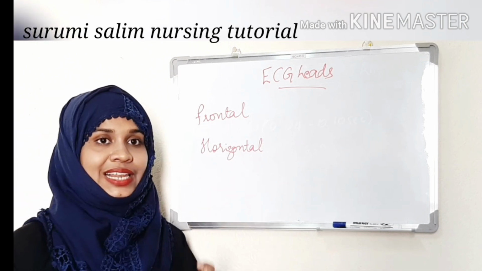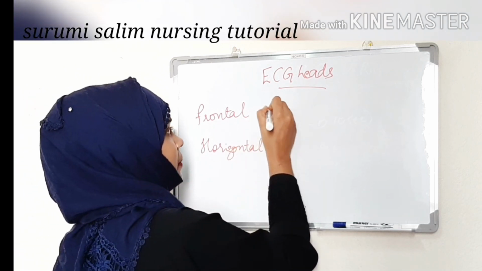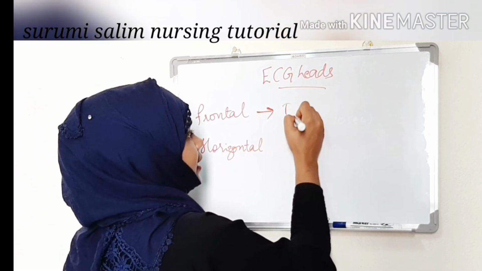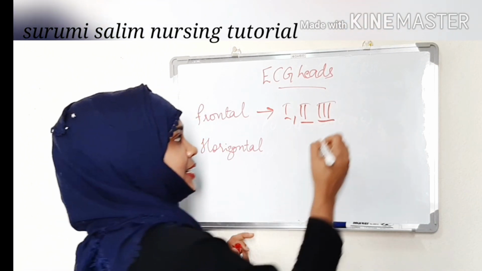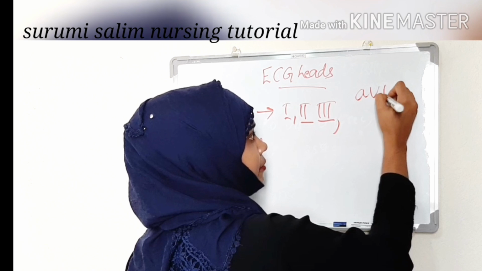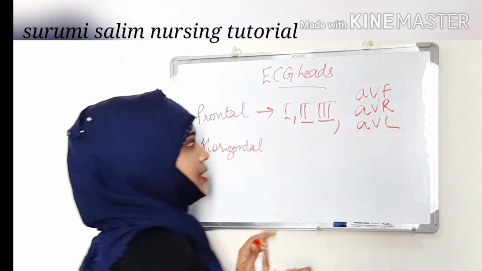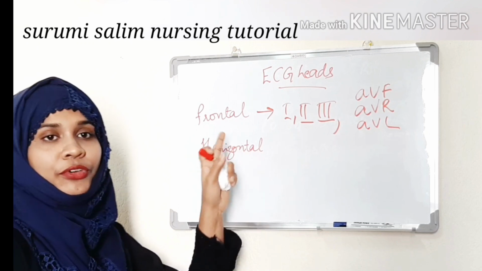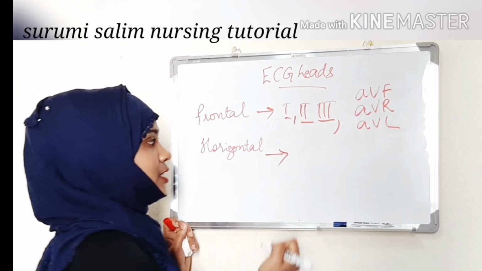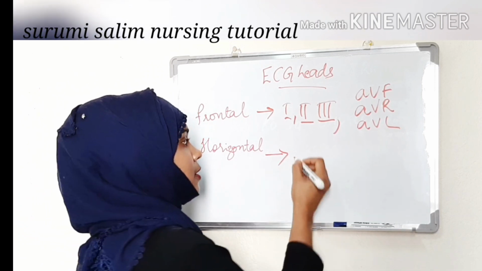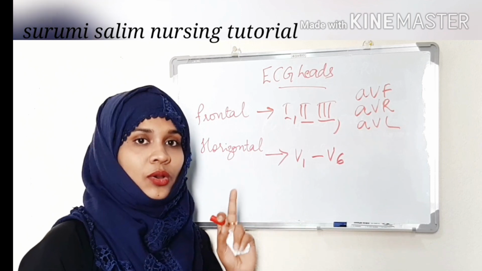So we will see which leads are placed. In the frontal plane, the view is obtained by lead 1, lead 2, lead 3 and the augmented leads, which include AVF, AVR and AVL. Horizontally, the heart is viewed with the help of the V1 to V6 chest leads or precordial leads.